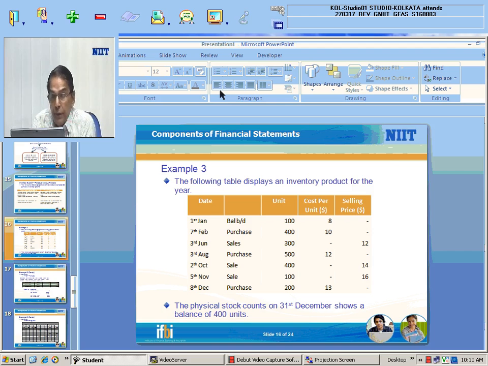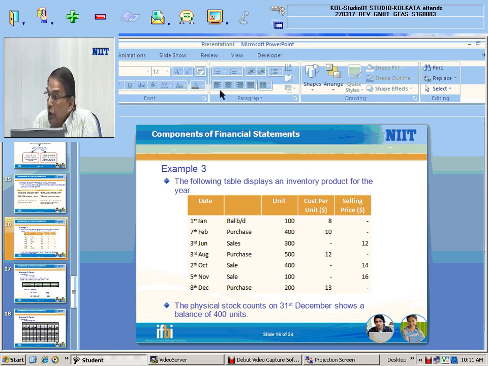That earlier purchase was the 500 units on 3rd of August. Now 8th of December purchase was made at 13 per unit and 3rd of August purchase was made at 12 per unit. So on the FIFO method, this 400 units left will be considered 200 units of the last purchase made on 8th December, first in, first out principle, and the remaining 200 units are from the purchase made on 3rd of August.